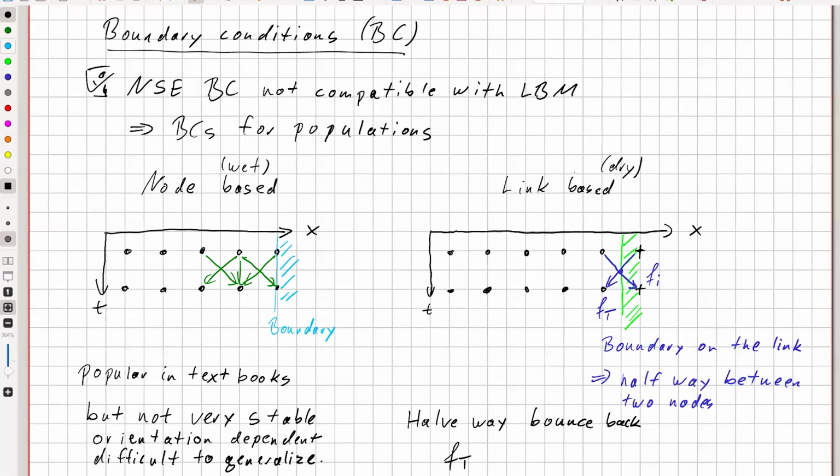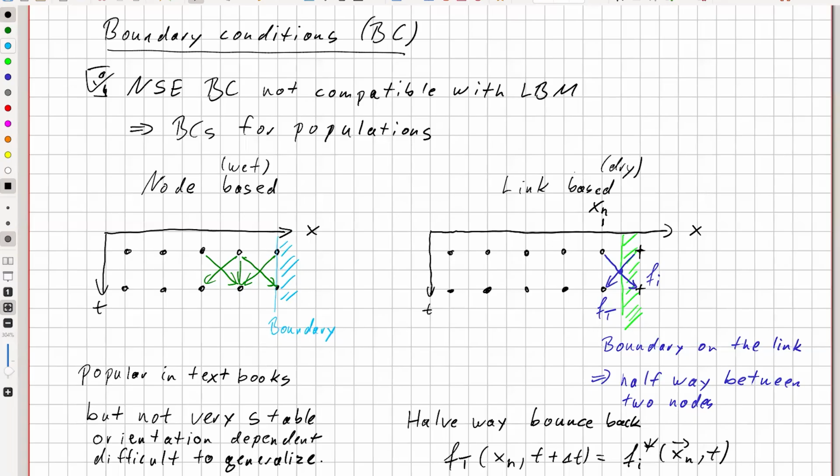This is when f_i at the last position, so say this here is x_n, so f_{-i}(x_n) at the next time step, t plus delta t, which is the incoming, the pre-collision state, is equal to the post-collision state before at the same position.